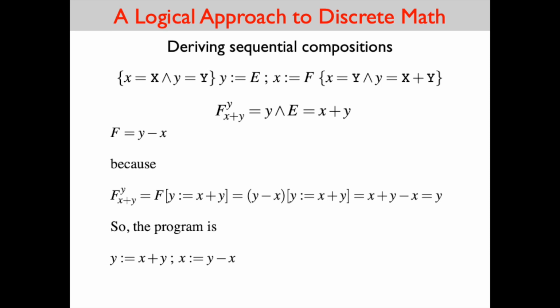What happens if you execute that program? Well, y will be 3 plus 5, so that makes y 8. What is x? Well, x is y minus x, but now the new value of y is 8, and the current value of x is still 3, so 8 minus 3 is 5. So the final values are y equals 8 and x equals 5. They are the next two Fibonacci numbers.